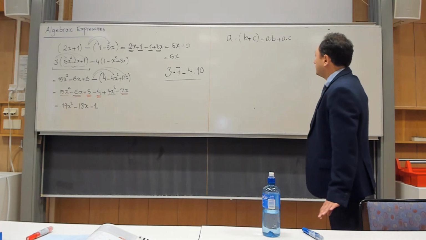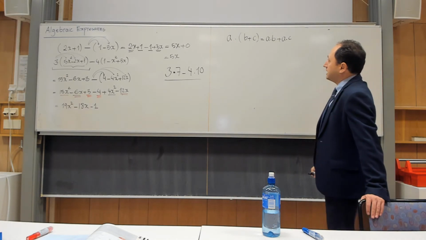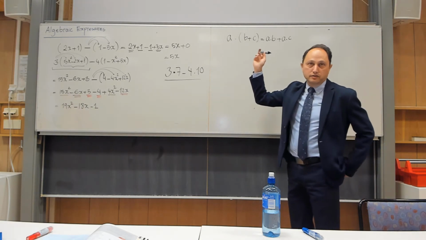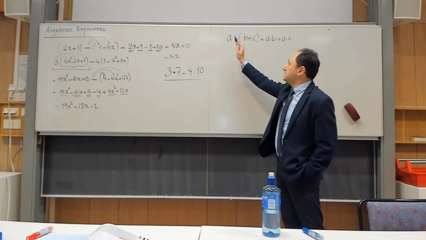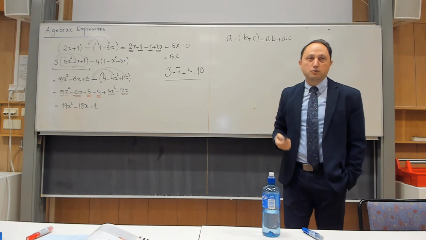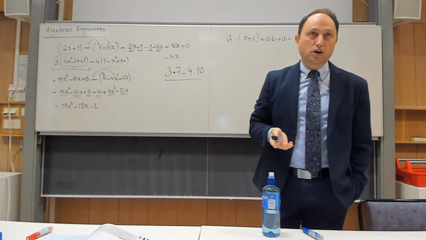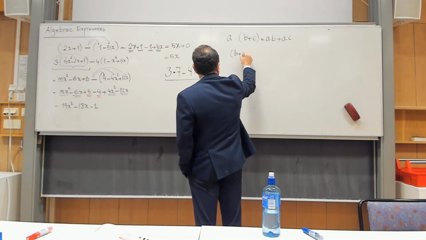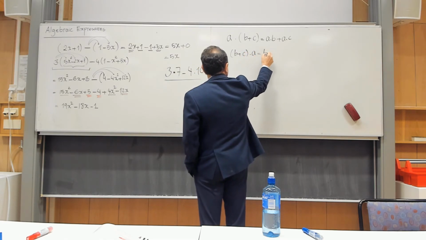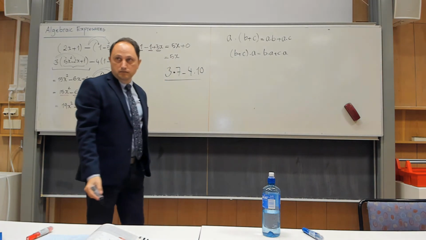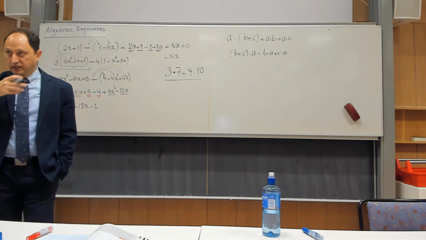By the way, if you want to be very pedantic, this is called distribution from the left. Because A is sitting on the left side, I am distributing it from the left. But do you think we can also have distribution from the right or no? Because that's clear, yes? Can I write this one? Yes? That's also true, yes?